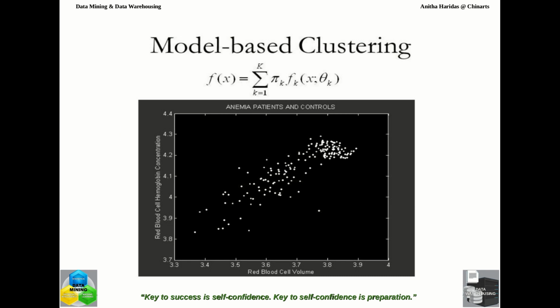So for creating the clusters, a mathematical function will be created, and based on this particular function, the data points will be plotted here, so that I can find out whether there is a dense region or a sparse region available. So this is a dense region here, whereas this is a sparse region here.